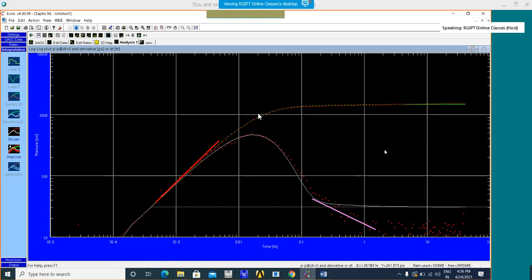So this is the best which the software can do.